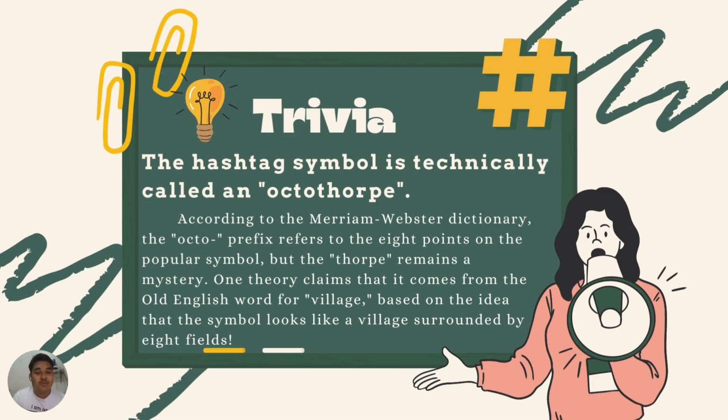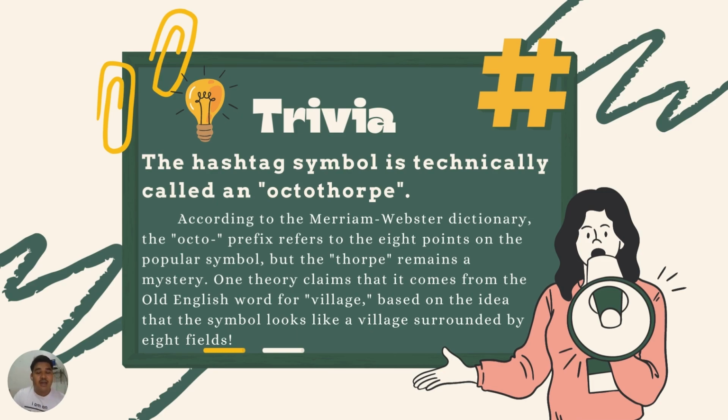According to the Merriam-Webster dictionary, the octo prefix refers to the 8 points of the popular symbol, but the thorp remains a mystery. One theory claims that it comes from an Old English word for village, based on the idea that the symbol looks like a village surrounded by 8 fields.